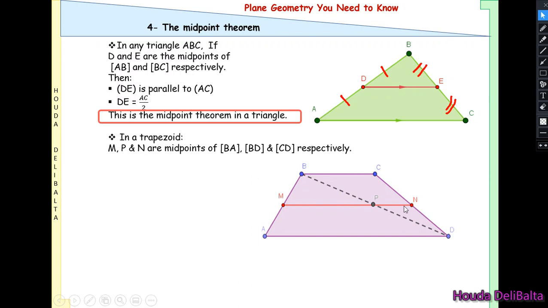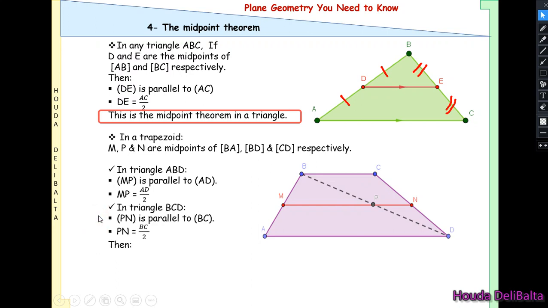M, P and N are the respective midpoints of BA, BD, and CD. So in triangle ABD, applying the midpoint theorem in a triangle, we have that MP equals AD over 2, and it's parallel to it.